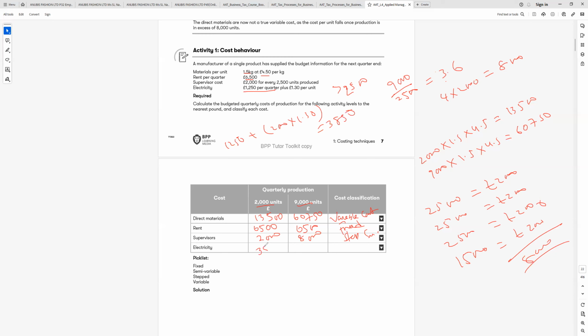In the same way, this one, 1,250 is the fixed plus for 9,000 units, per unit is 1.30, and that will give us 12,950. And that is my semi-variable cost.